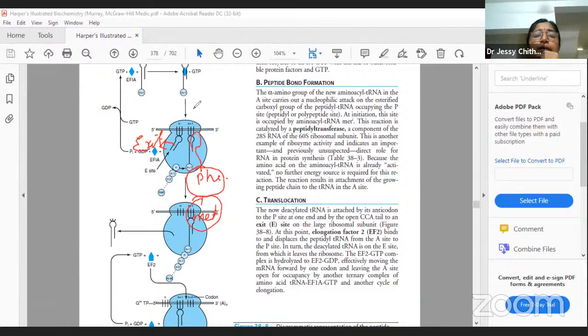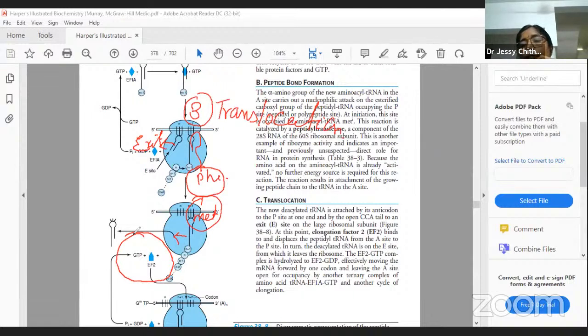The third step in elongation is the translocation process. The tRNA occupying the A site is translocated to the P site. This step requires energy, GTP and eukaryotic elongation factor 2.